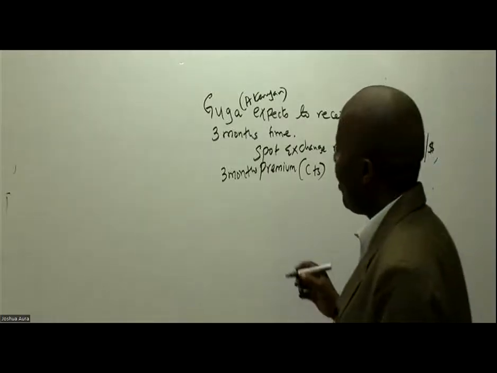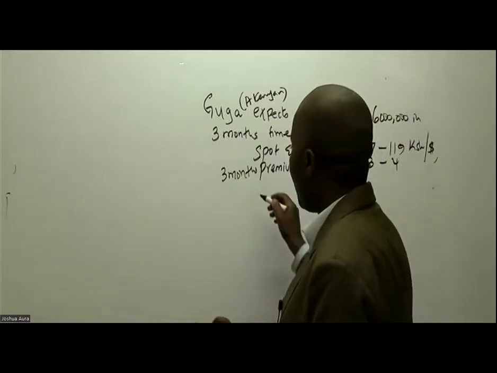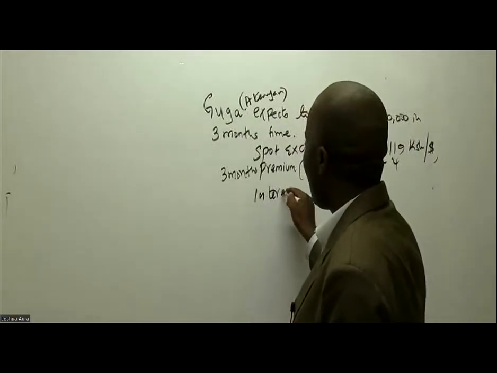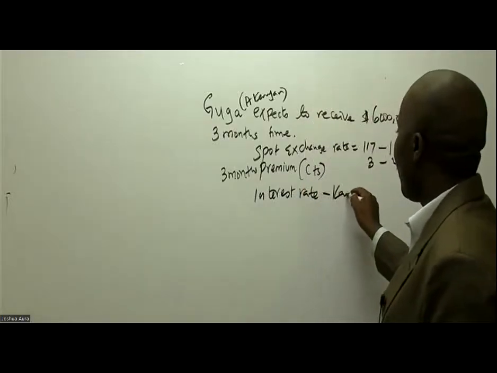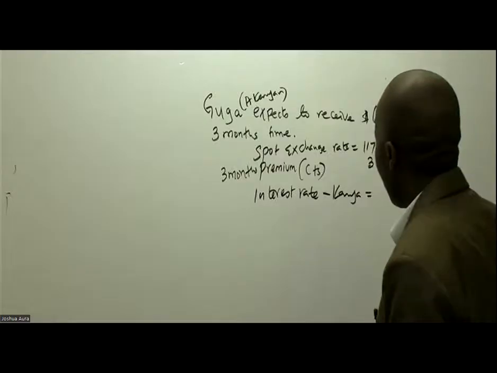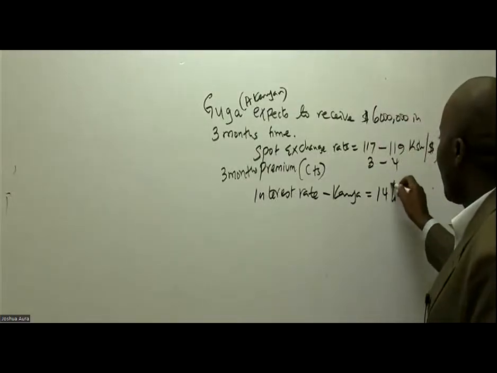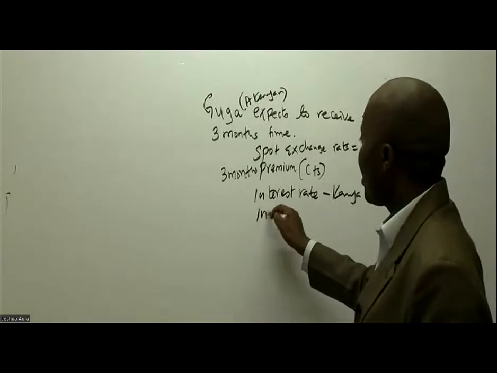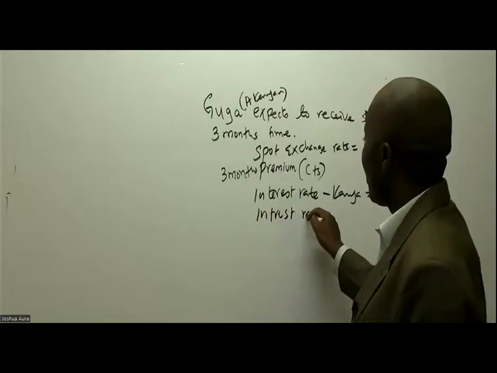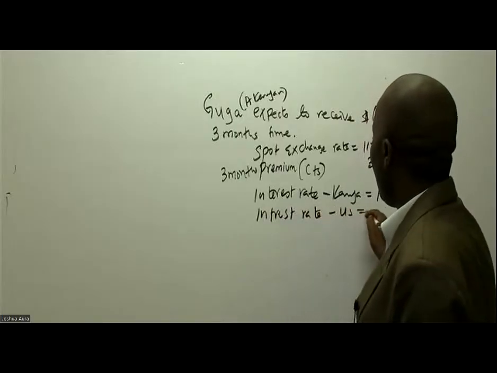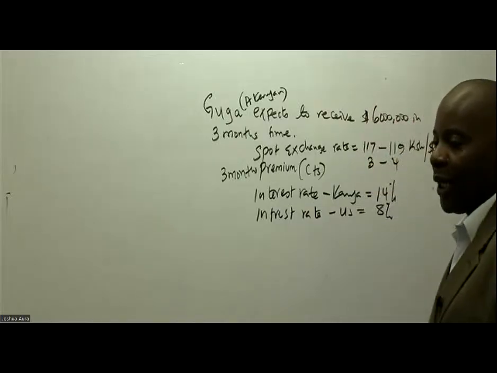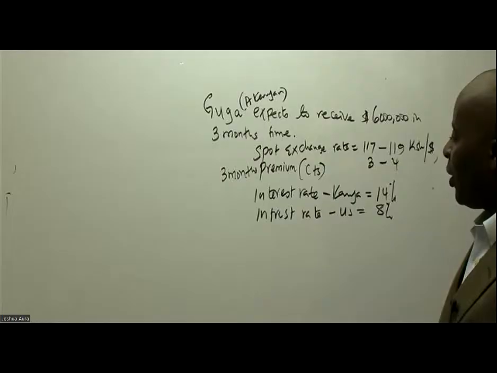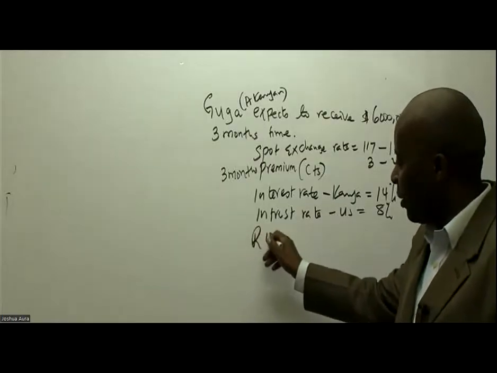Then they'll come and give you just a simple thing. They'll tell you interest rate, Kenya equals 14%, interest rate, US equals 8%. All right. And then you'll be required to do something very simple.